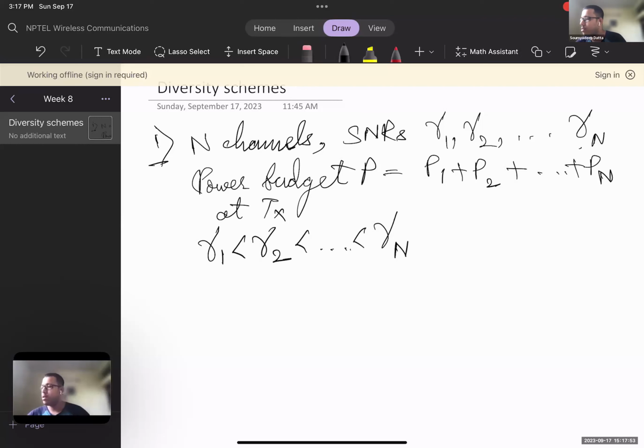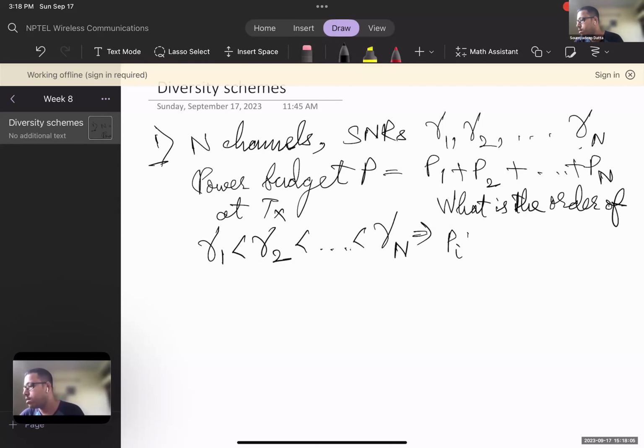Given this information, my question is: what is the order of the Pi's to maximize capacity? Maximize capacity. So this is the question. How do you solve this kind of problem?